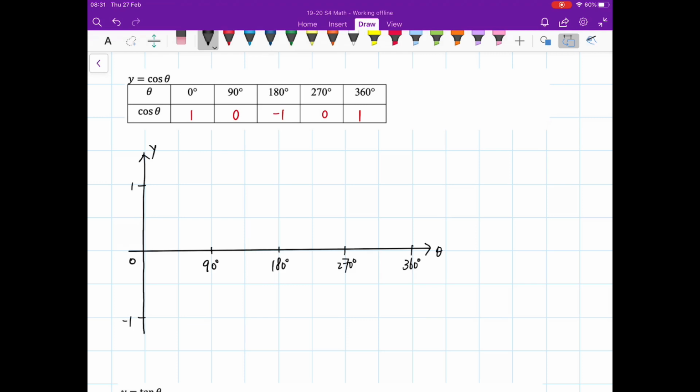For 0 degree, cosine theta is equal to 1. For 90 degree, cosine theta is equal to 0.